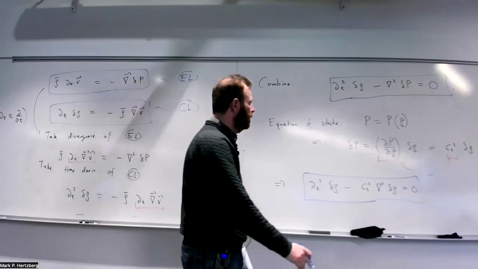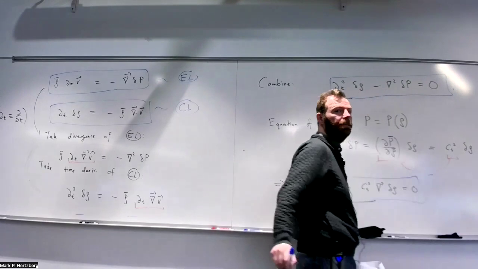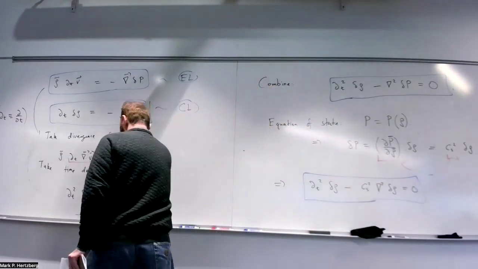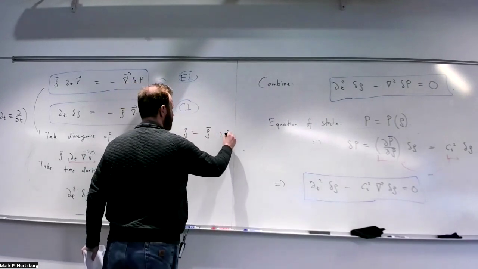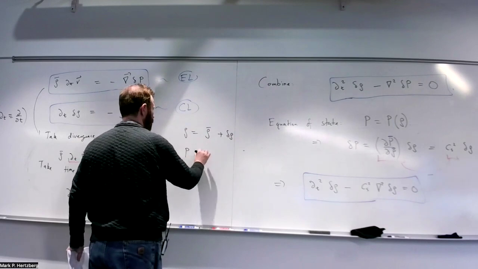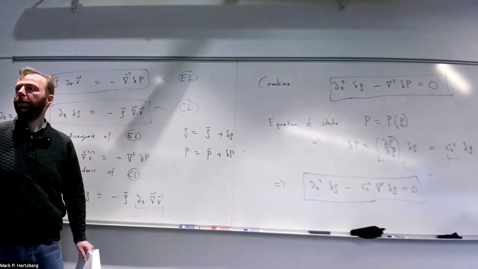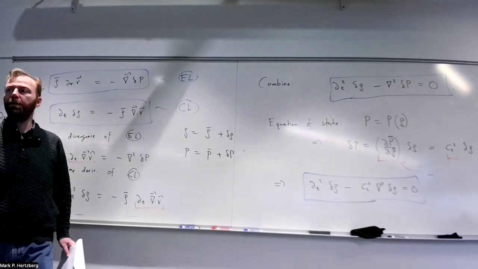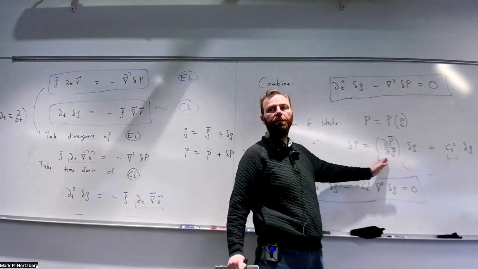Yeah, well, okay, sorry. And then I really should be explicit here. In some sense, we evaluate this on the background because, remember, I write rho as rho bar plus delta rho. And I'm doing a first order expansion around some point, p bar, rho bar. So therefore I can evaluate that at the point about which I'm expanding.